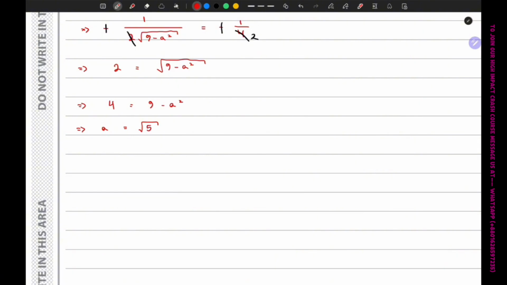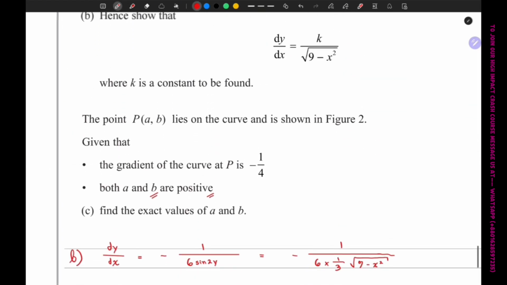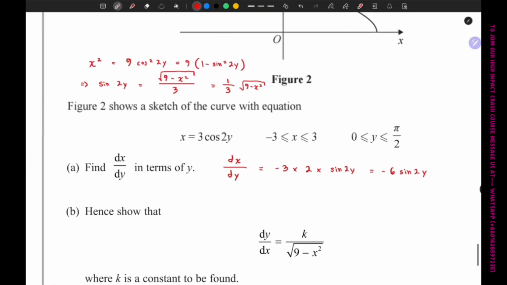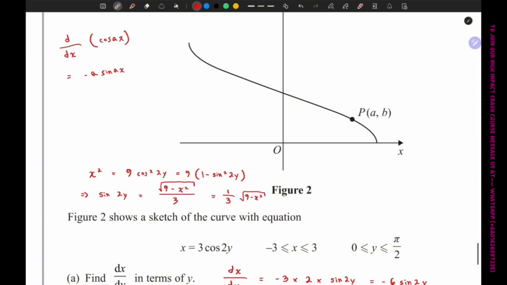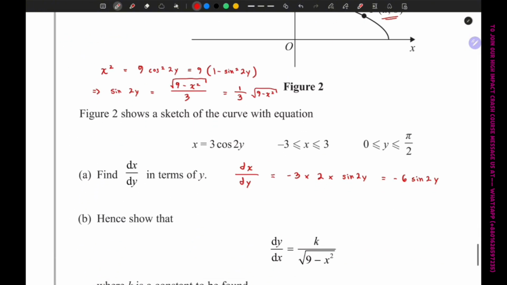Now from this we can find out the value of b, because b is the y coordinate. Since point P lies on this curve, we can substitute the x coordinate into this equation.